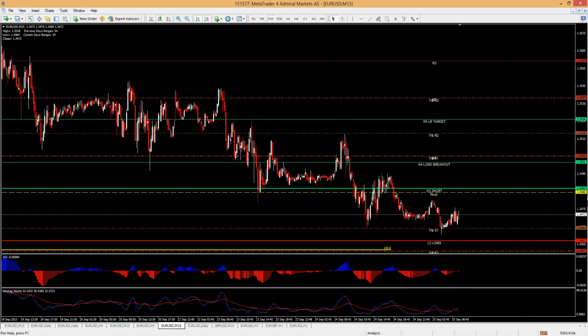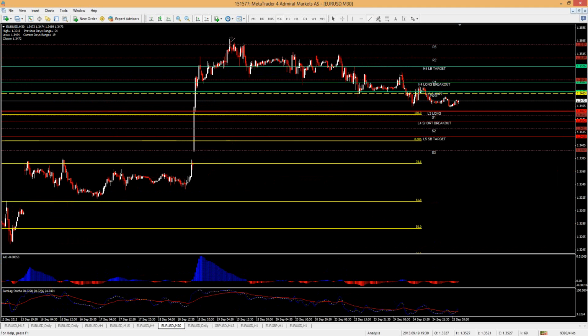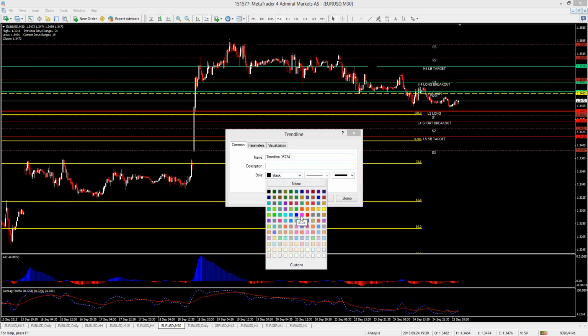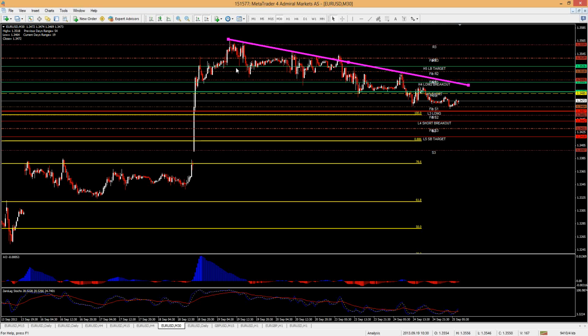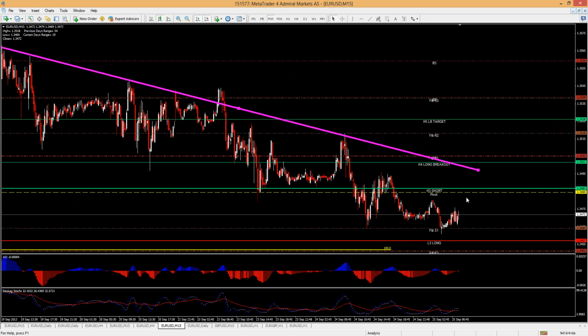An H4 at 135, which makes sense because that would be basically breaking out of that trend line, right? That makes a lot of sense. So that's something we can look for: 135, the break of 135 level.